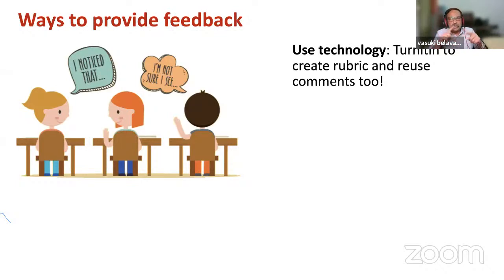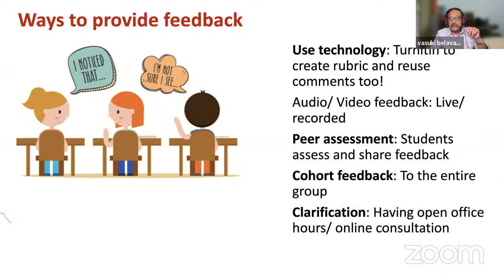You can also reuse some of the comments that you have created on Turnitin in different assignments. So it becomes easy for you to assess similar kinds of assignments that have similar drawbacks or similar good points. Therefore, you can reuse those comments as well.